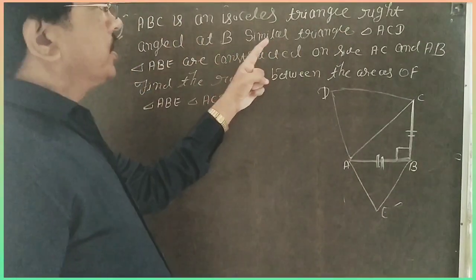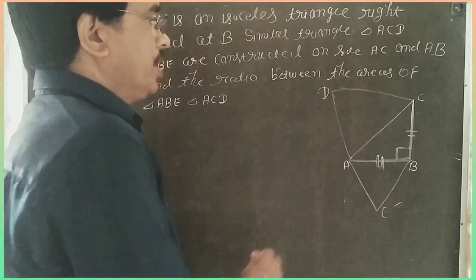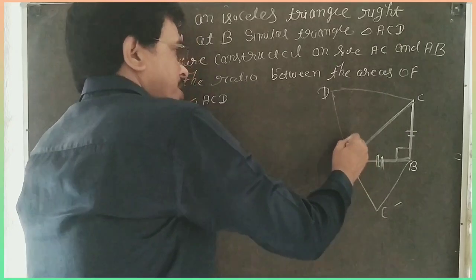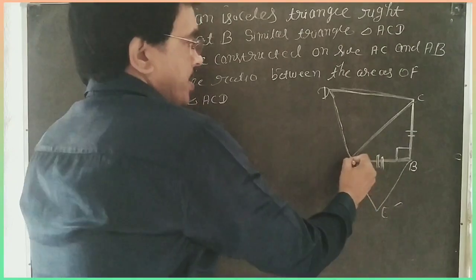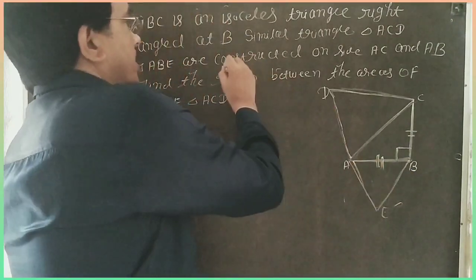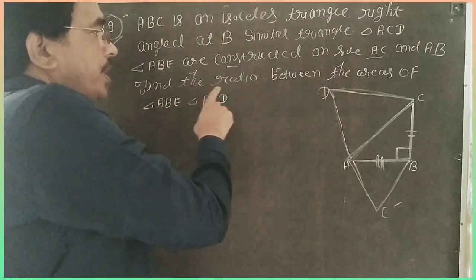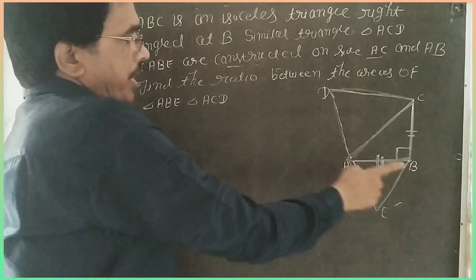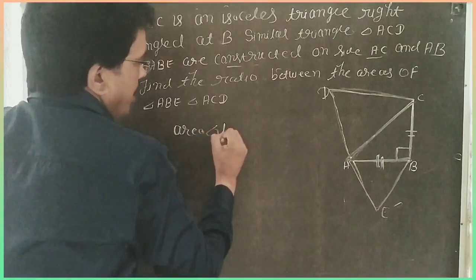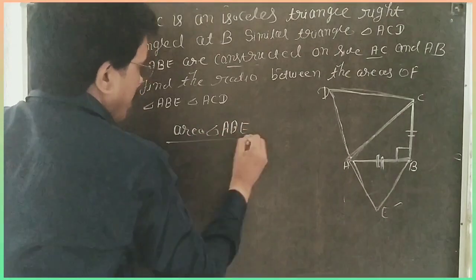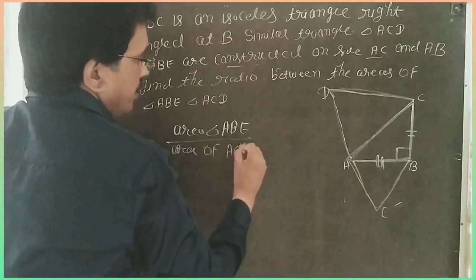And similar triangles ACD and ABE are constructed on the sides AC and AB. Find the ratio of the areas of triangle ABE by triangle ACD. It is your question.